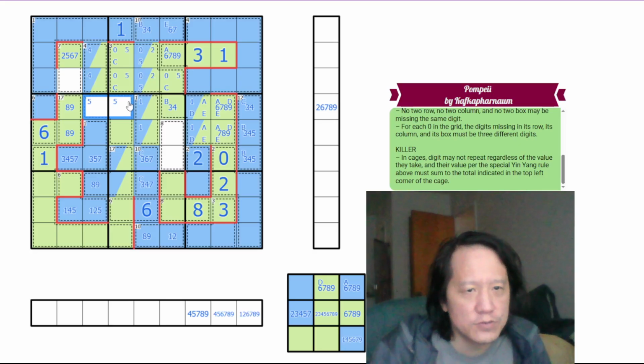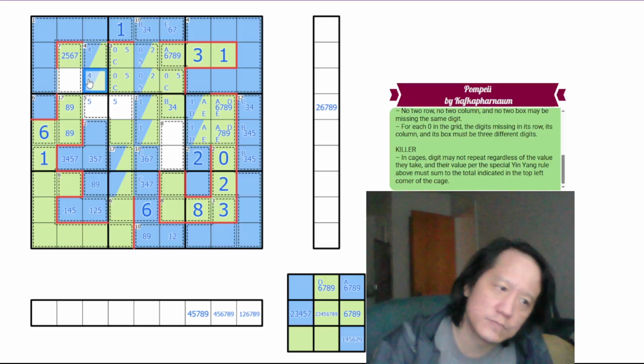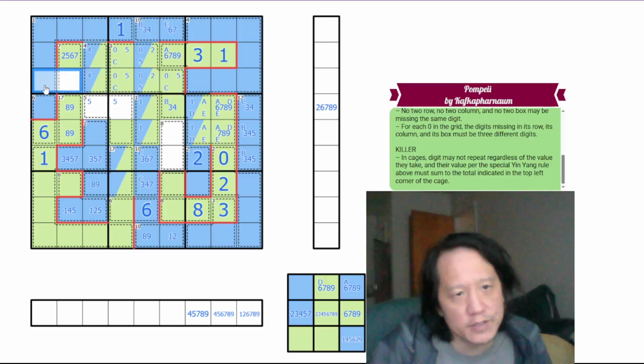If it's 2 blues, this must go that way to connect. So that's green. If this is 2 greens, then this becomes a blue, which would make that blue.